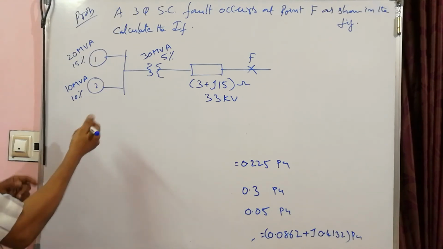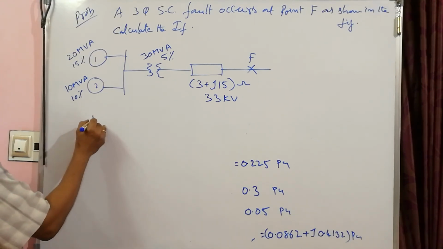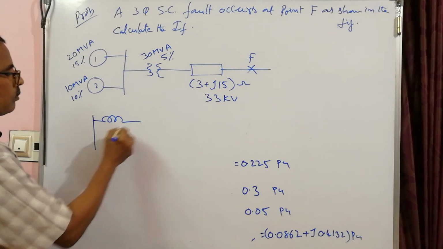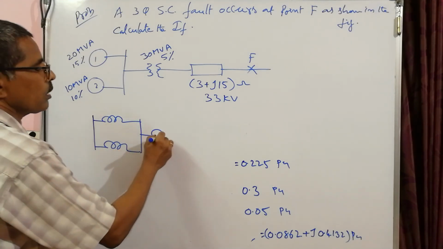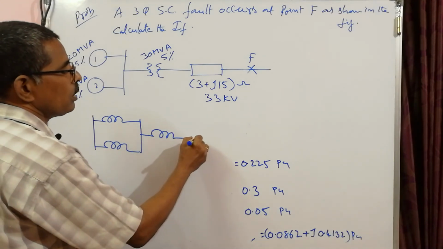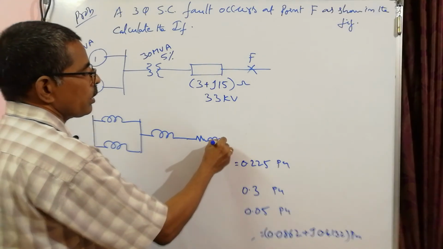So, drawing a per unit reactance diagram, equivalent is simple. So, this is Xg1, this is Xg2, these two together connected to transformer and then the load line.